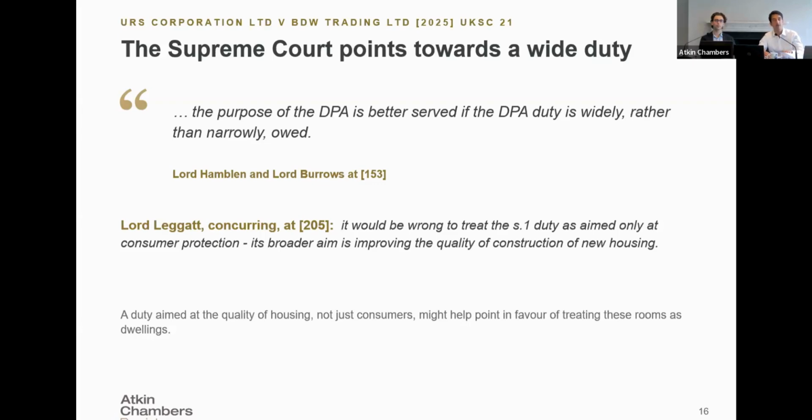We could probably be here all day talking about what the purpose of the DPA actually was and who it was intended to protect. There's a very interesting statement that the purpose of the DPA is better served if the DPA duty is widely rather than narrowly owed. And in Lord Leggatt's judgment, at paragraphs 202 and 205, he said specifically that it would be wrong to treat the duty as solely aimed at consumer protection. Really, it's about improving the quality of construction of new housing.